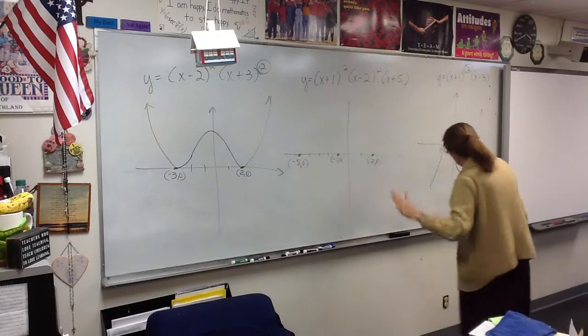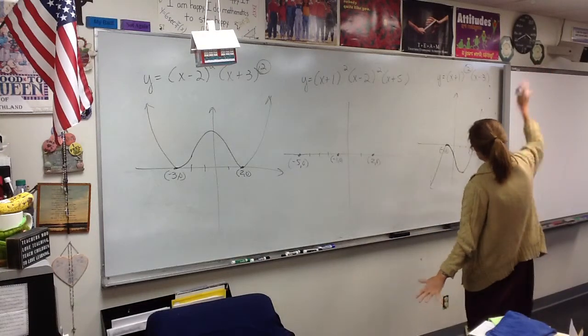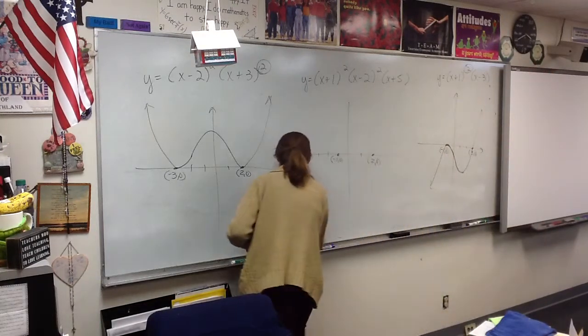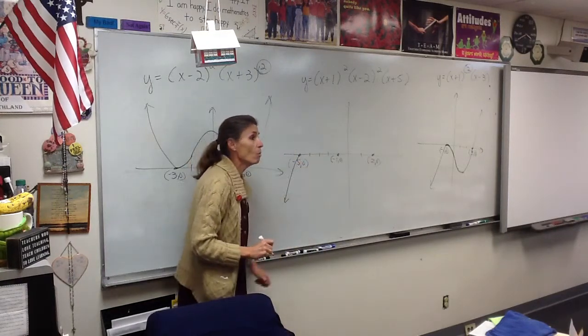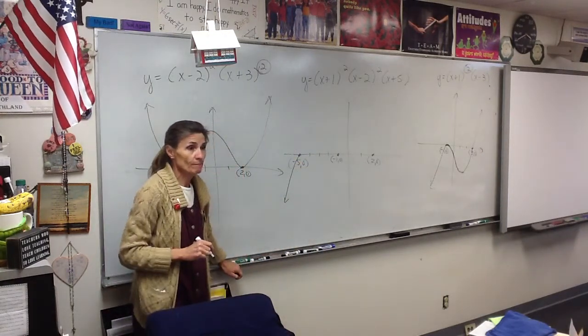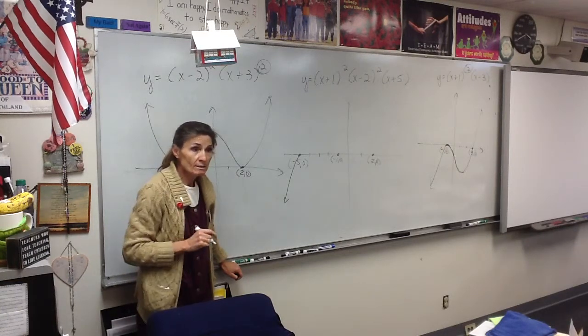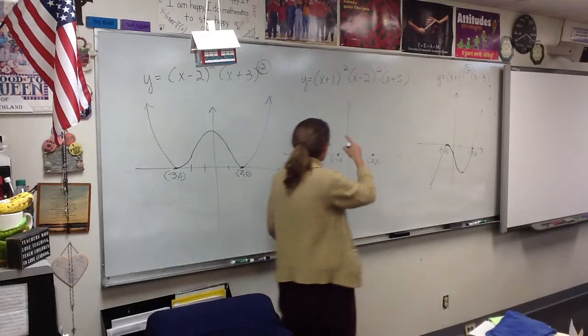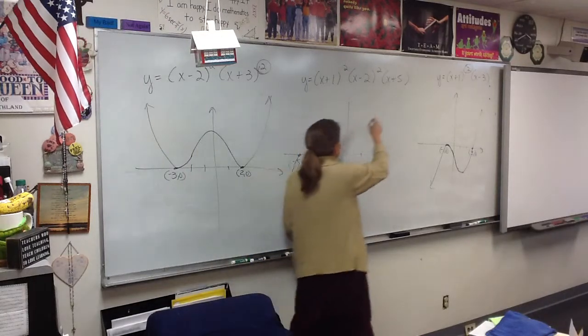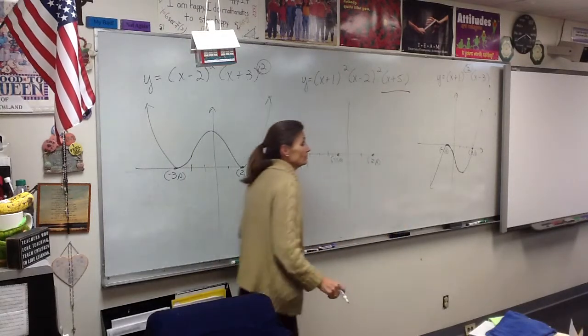So I am going to start down and end up. So here I go. I'm coming up. Now when I hit that point, I have to make a decision. Do I go through it or do I bounce off of it? Go through it. That dot came from this factor.